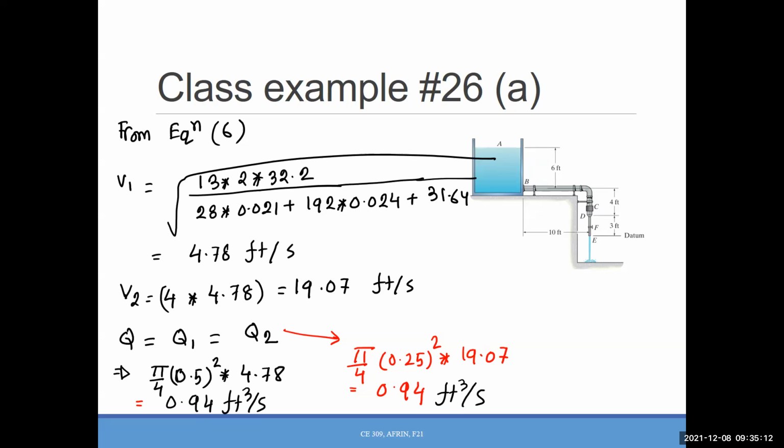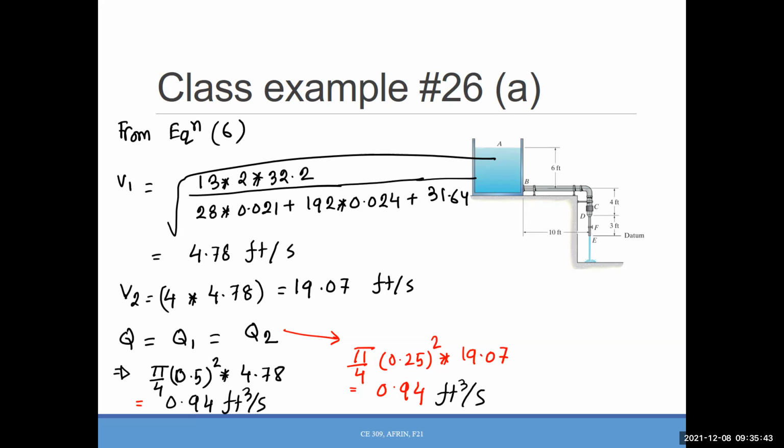Now within few seconds you will get the solution for this class example 26A, and also for B. So for B, since we did the similar kind of problems already, we'll just go through the steps with the solutions. Okay, so once you have this solution, just go to this page, like second page of that solution.